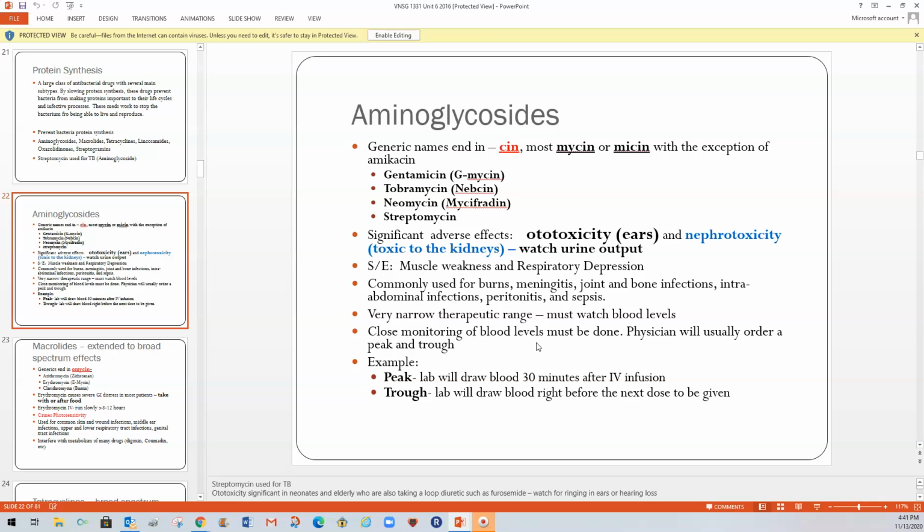And then 30 minutes after it is given, the lab will come up and draw a peak. And then right before the next dose, they'll come in and draw a trough. So you make sure that if that's ordered, that has been done while you're on the shift, so that you don't mess up the timing of that and give that drug at the wrong time.